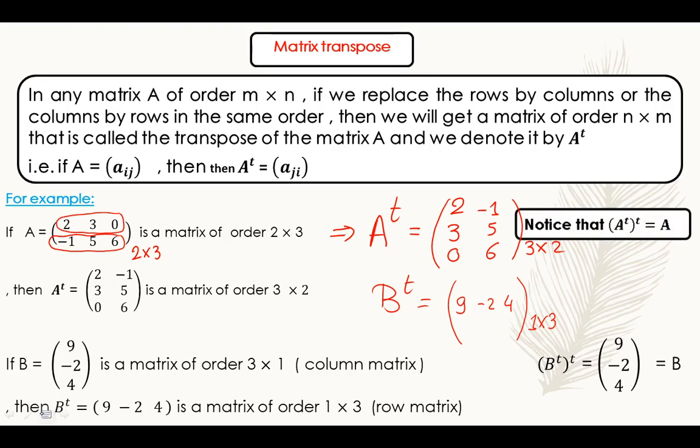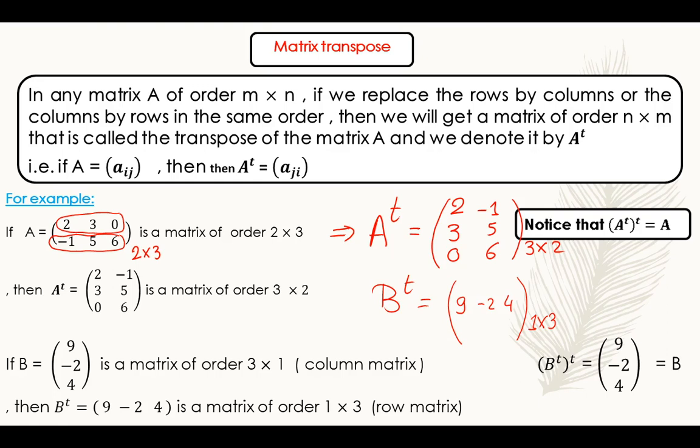For example, we have to notice that A transpose all transpose will be equal to A. And here, B transpose all transpose, that is to say we will find the transpose of B transpose.